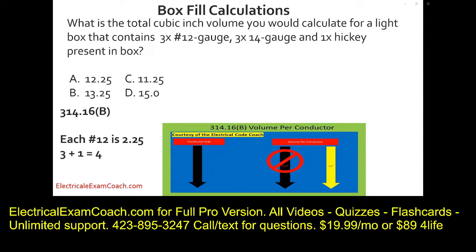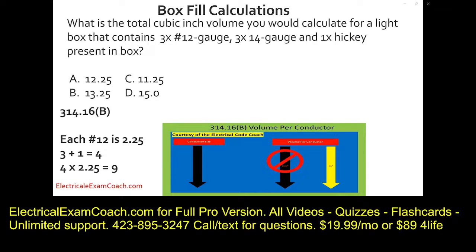We know that we have the 3 number 12s, but now we've got to deal with our fittings. In this case, we have 1 hickey. Each hickey counts as 1, based off the largest conductor that's in the box, and we're going to group it with the 12s. We have the 3 original conductors and the 1 fitting, so we have 4 number 12s. We bear that math out and end up with 9 cubic inches.